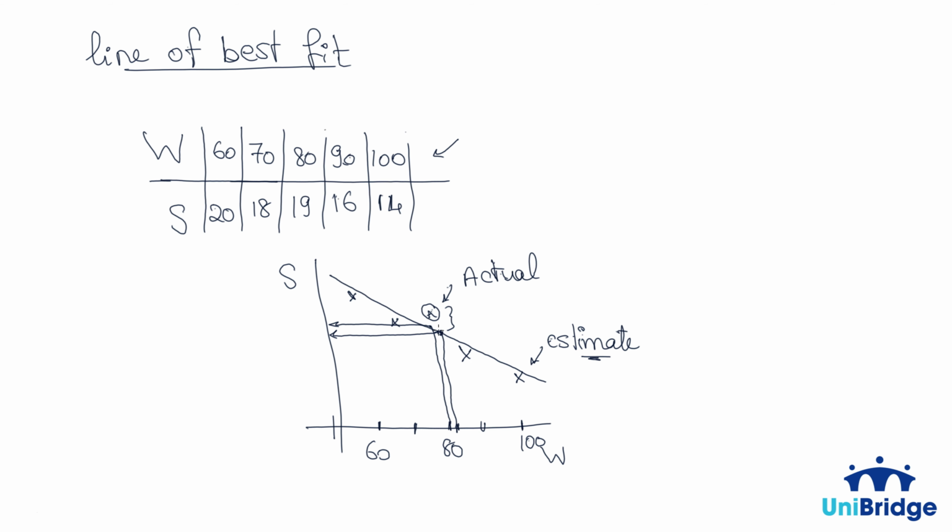And the difference between the estimate, in other words the value predicted by the line of best fit, and the actual value at the 5 points that we got is what we call the error, or simply the difference between the actual value and the estimate value at a certain point.